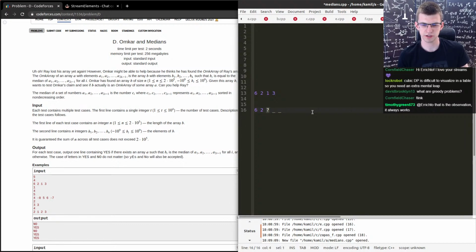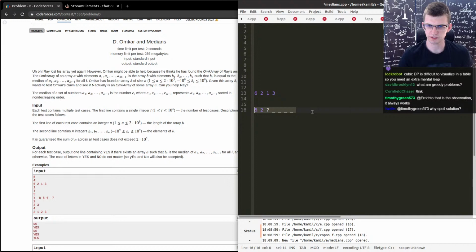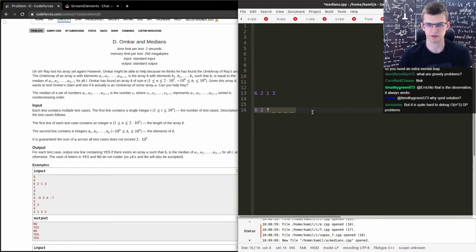When should I change this? Does it help to make this number 1 rather than minus infinity? When does it matter? Let's say that for this prefix, I want some particular median. And minus infinity is bad here because I actually want a median of, let's say, 1 or 0.